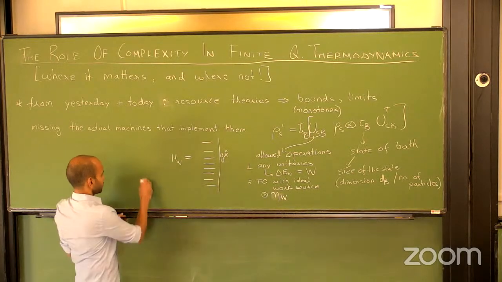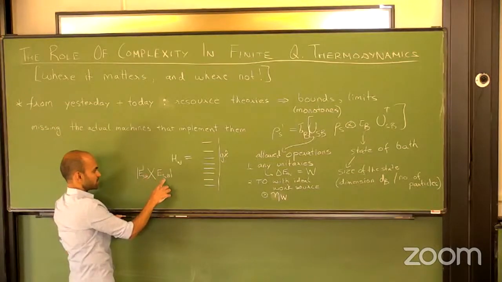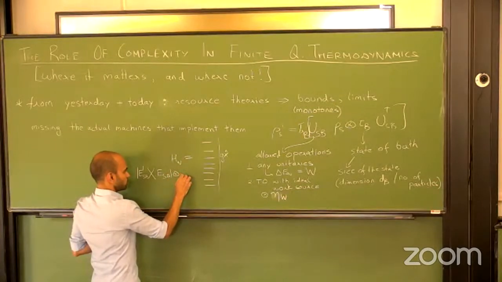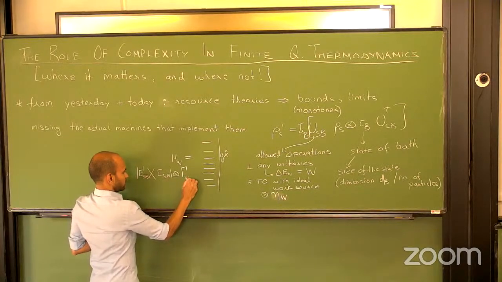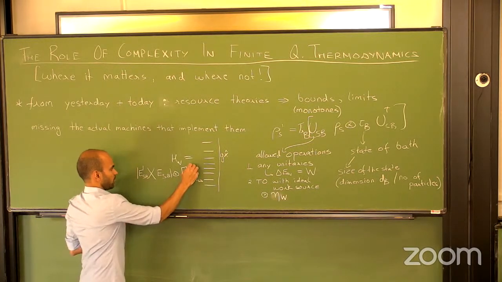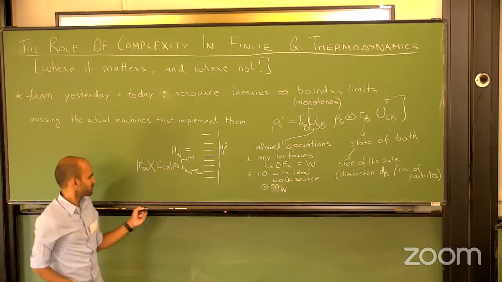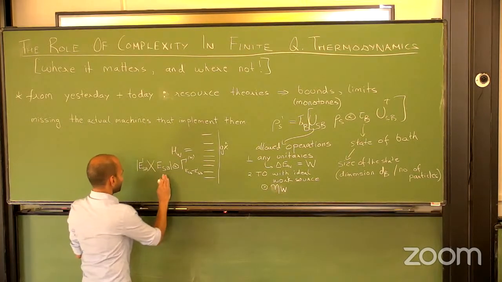If I have any operator of E system bath, E prime system bath, where these are two eigenstates in energy of the system bath composite Hamiltonian, then all I have to do is couple it to the translation operator of E minus E prime on the weight.